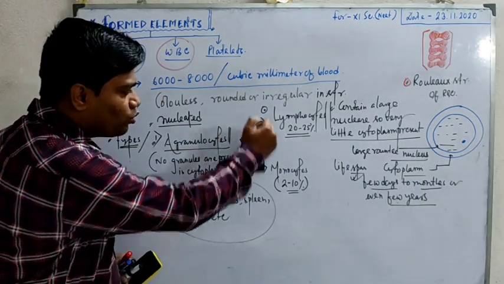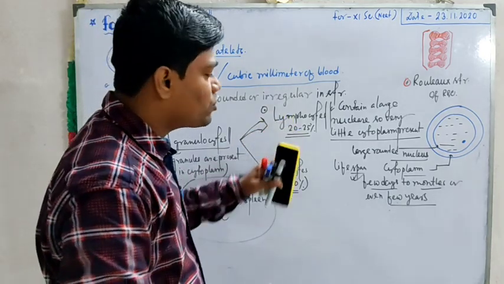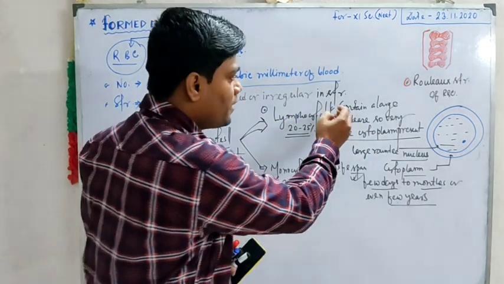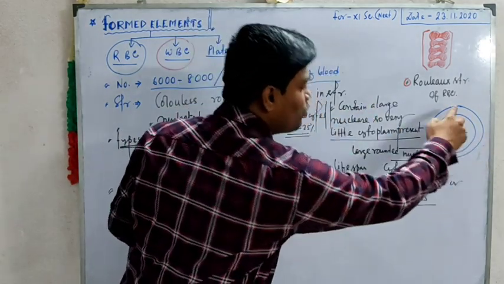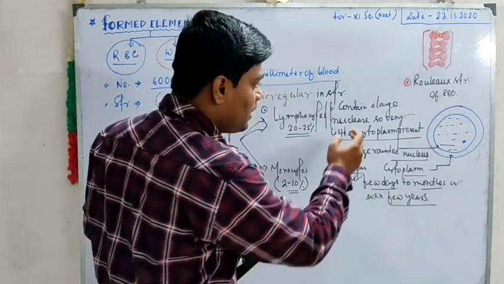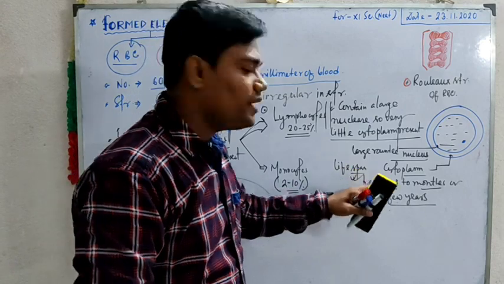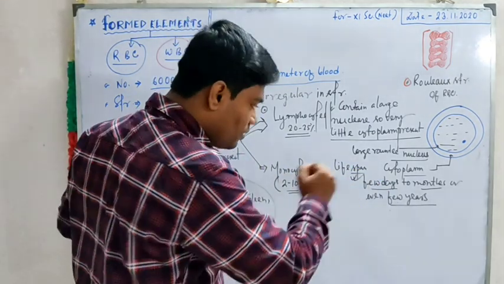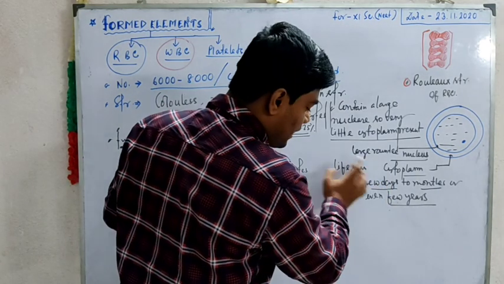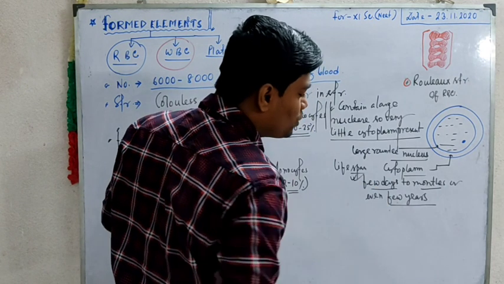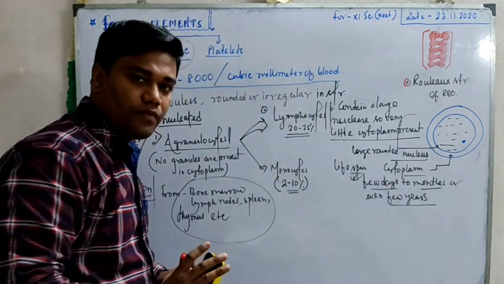Among agranulocytes, the two types are there. One is lymphocyte. It contains a large nucleus, as you saw in the figure, and a very little cytoplasm. The lifespan varies: few days, 2 months, or even few years.